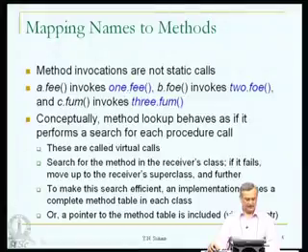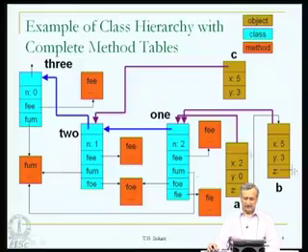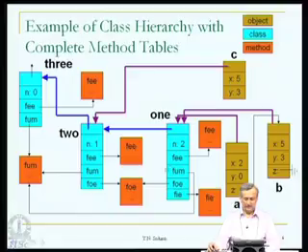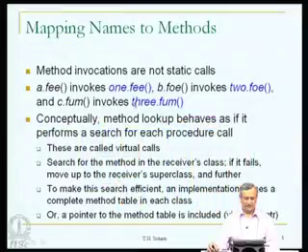The reason is that A is an object of type 1 and this invokes 1 dot phi, which is being redefined. Even though phi is inherited from 2, it is being redefined in 1. So, the local phi will be called when we say A dot phi, that is no problem.